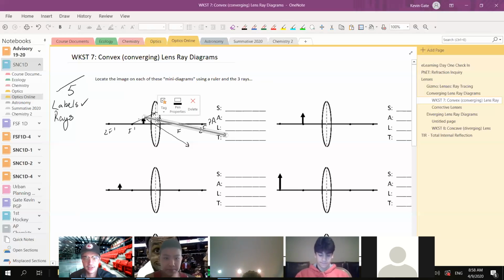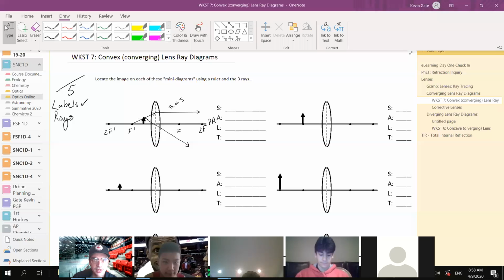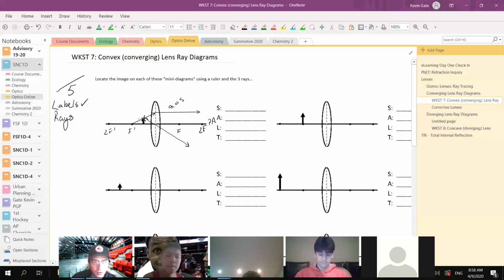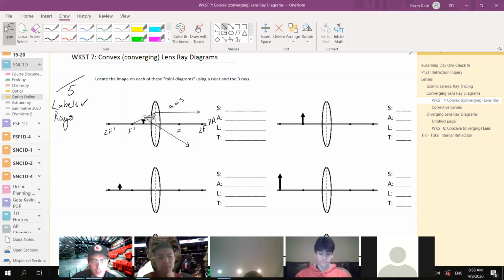I gotta edit this one because I messed up a little bit. Where'd my mouse go? There we go. And like Andreas said, I need to go back to draw and select another line. That's what I did wrong on this one.